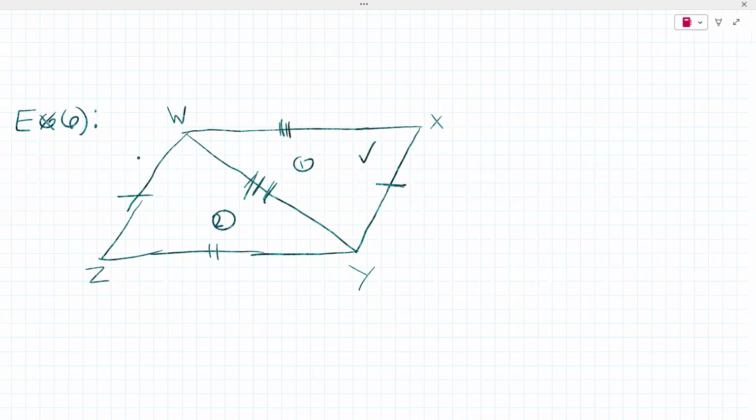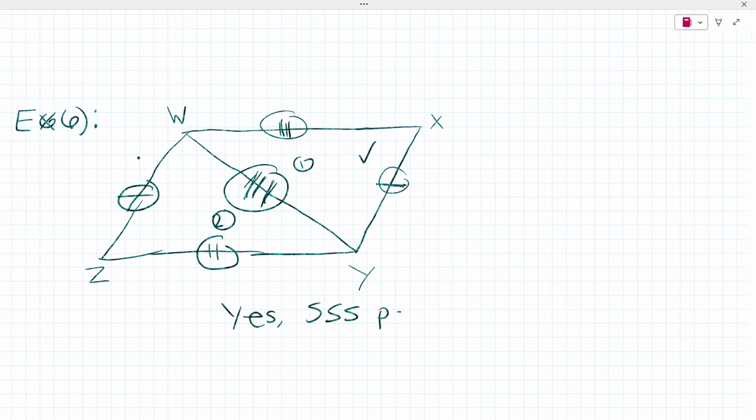What about this one? You have one check mark here, two, and then this one. Yeah, this lines up with this one. This lines up with this one. And then this three is practically the same thing as this one. So yes, SSS postulate.